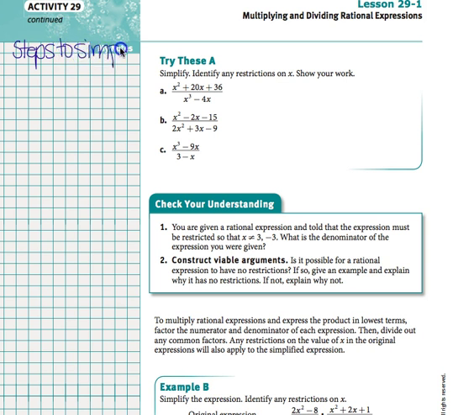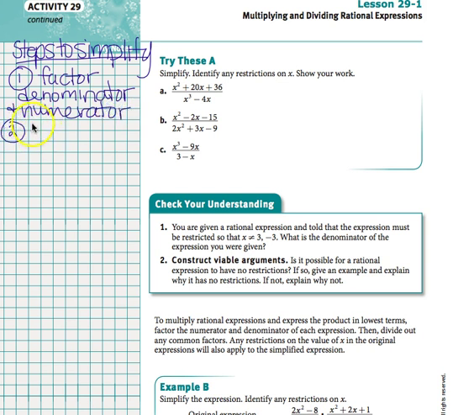over here by try these A. So steps to simplify. Our first step is going to be to factor denominators and the numerator. So we're going to factor everything.